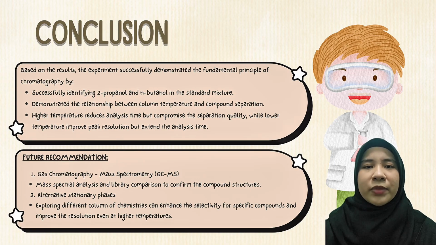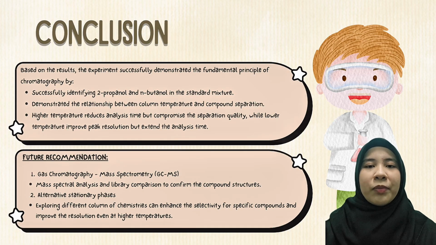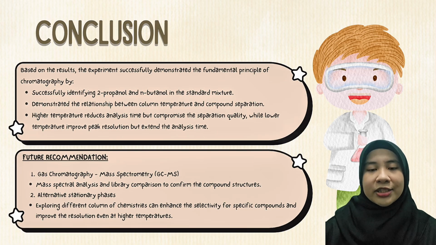Second, we could experiment with alternative stationary phases by exploring different column chemistries. We can enhance selectivity for specific compounds, potentially allowing us to maintain high resolution even at those faster, higher temperatures. By understanding these variables, we can continue to optimize our chromatographic methods for both speed and accuracy.